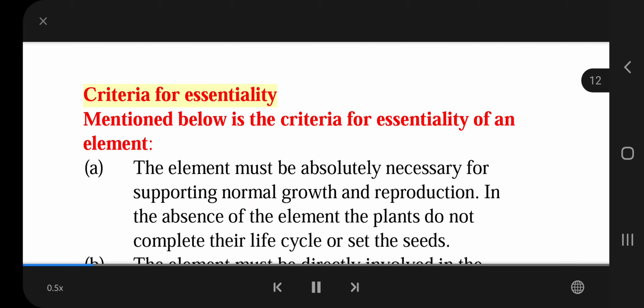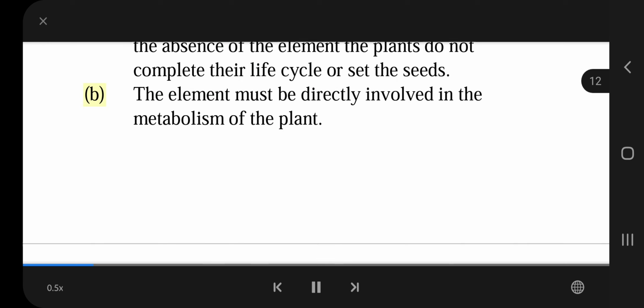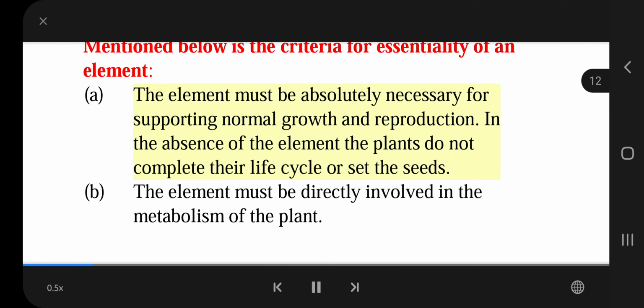Criteria for essentiality. Mentioned below are the criteria for essentiality of an element. A. The element must be absolutely necessary for supporting normal growth and reproduction.